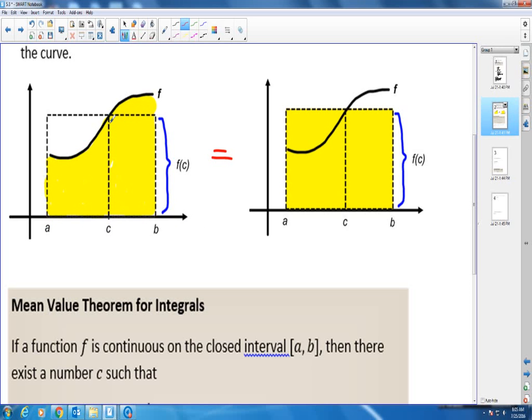If I want to find the area of just this part of the rectangle, that will just be the interval from c to b. But if I'm talking about the entire interval from a to b, the area underneath the rectangle, just like this picture here on the right, will equal the area under the curve.